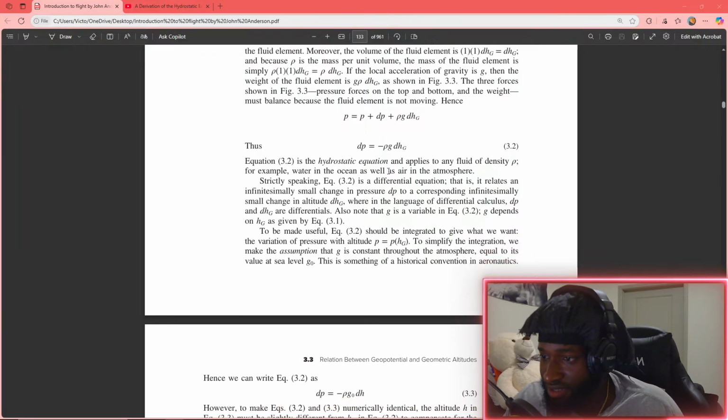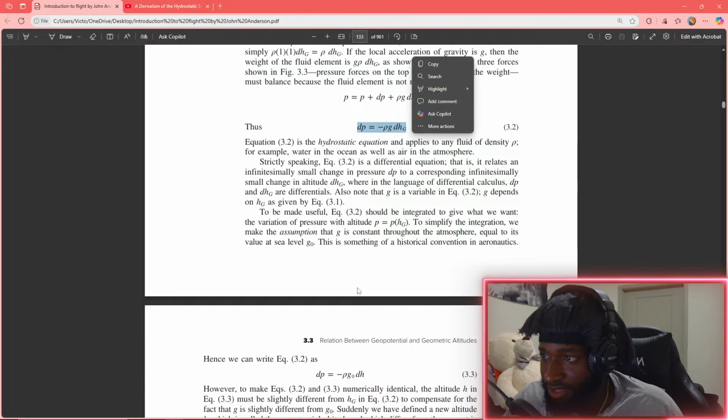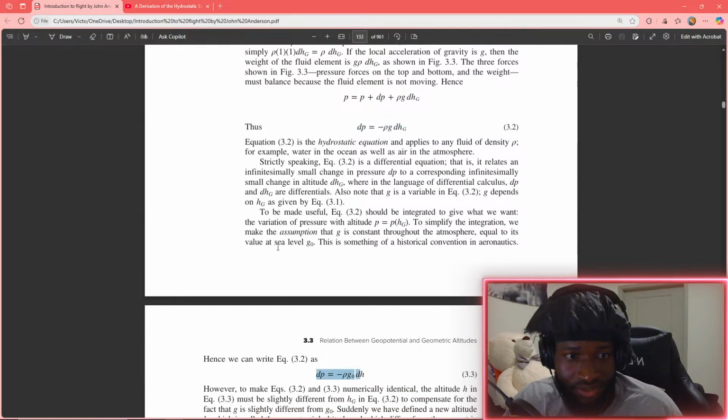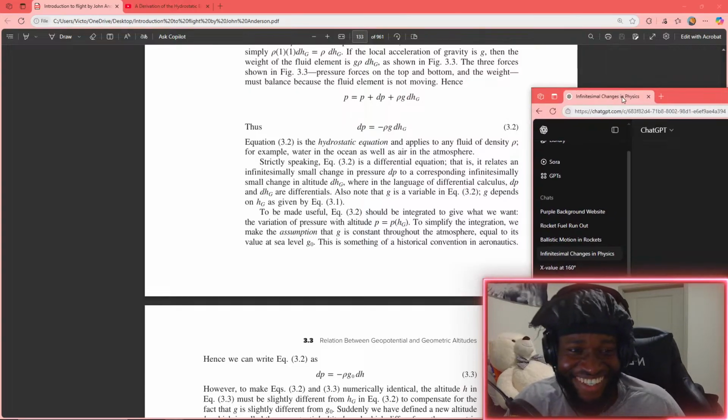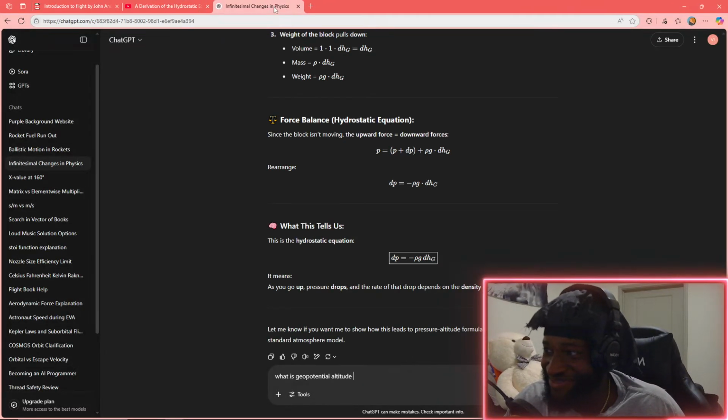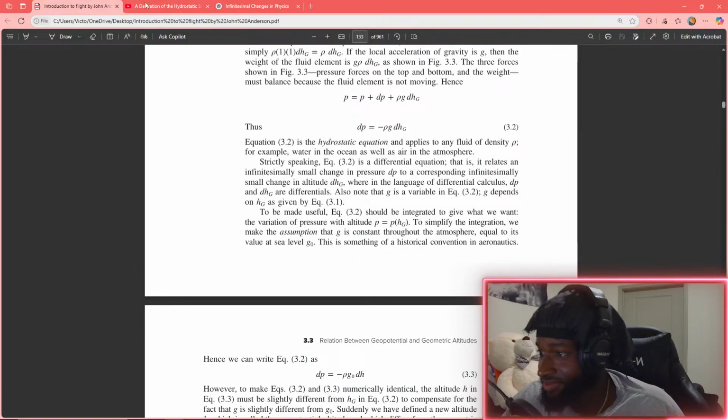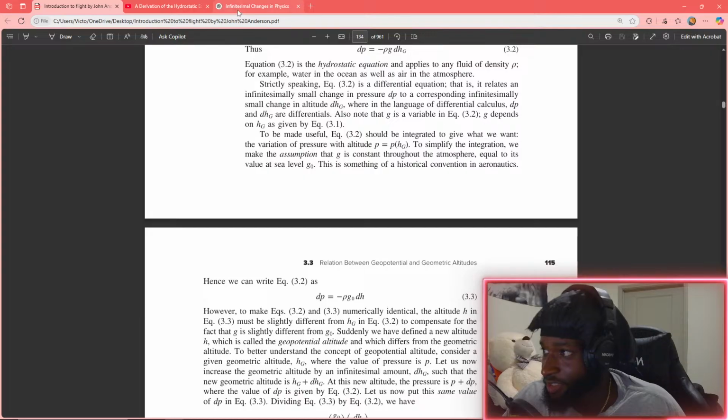You mean these? This guy and this guy? Over the radius of the moon. No, we're talking about the Earth, buddy. What is geopotential? Geometric altitude.